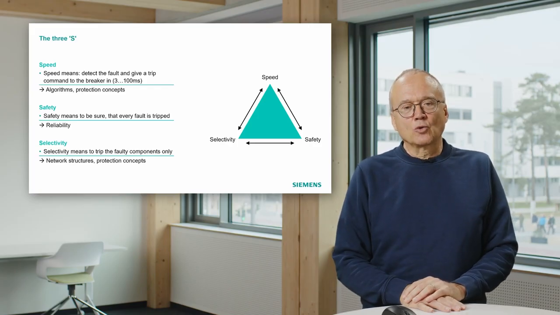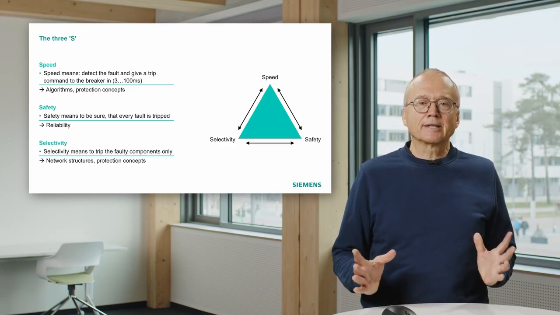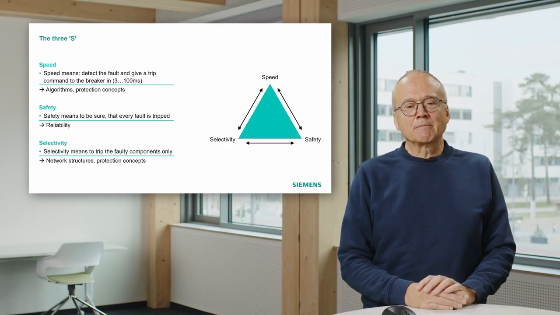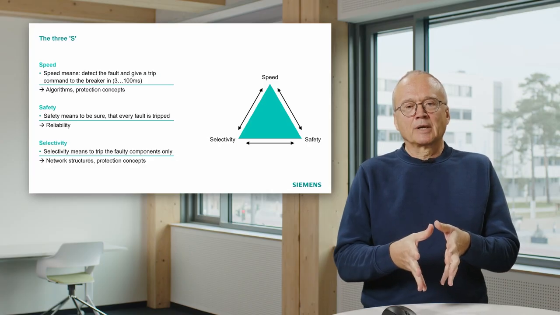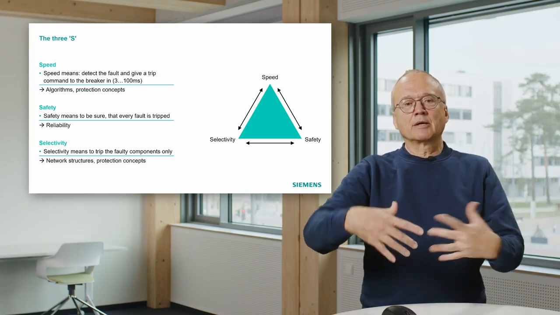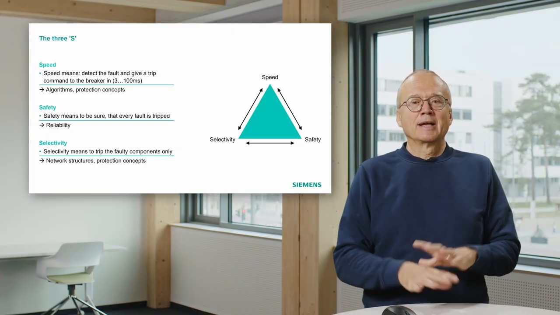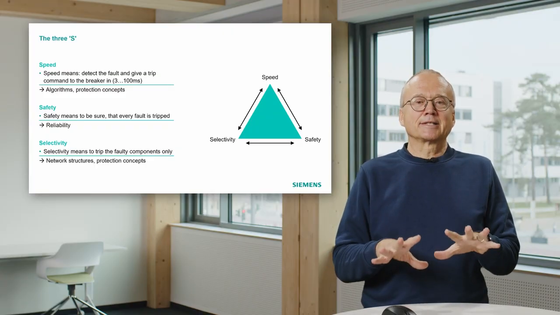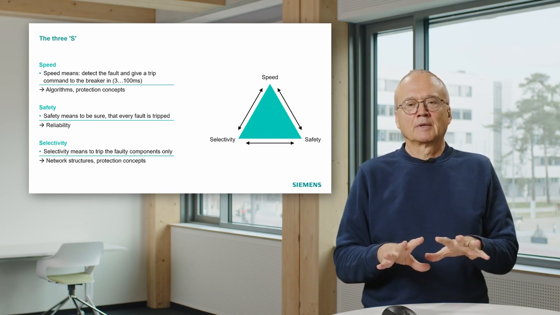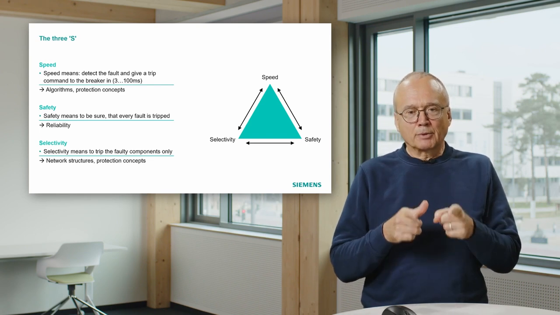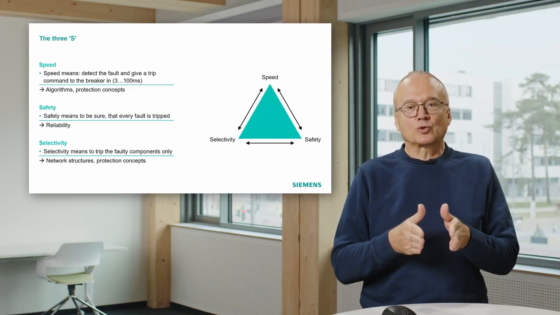And the last issue, which also has to be mentioned, is the selectivity. What does selectivity mean? Selectivity means if you have a short circuit somewhere in the network, there is short circuit current coming through different lines, cables, and transformers. That means several devices in the system will see there is something wrong, but only the protection device of the faulty line or cable has to trip.